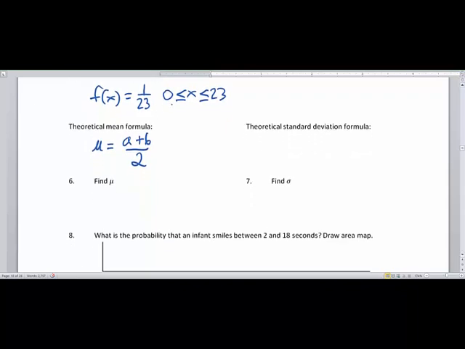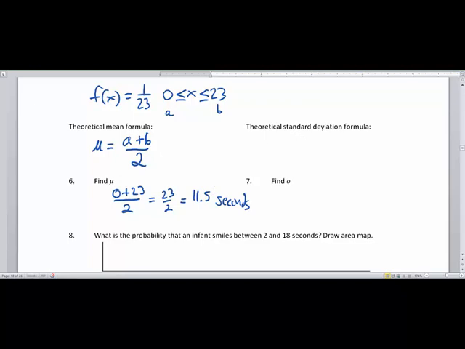So this is our A and this is our B. So A, the minimum, is 0 plus 23, divided by 2. So 23 divided by 2 is equal to 11.5. And that's the average, the mean smiling time of these infants, acknowledging with a smile between 0 and 23 seconds.